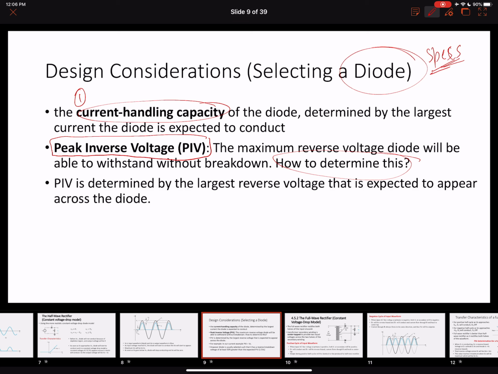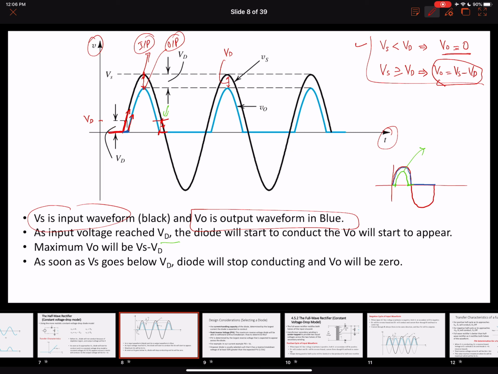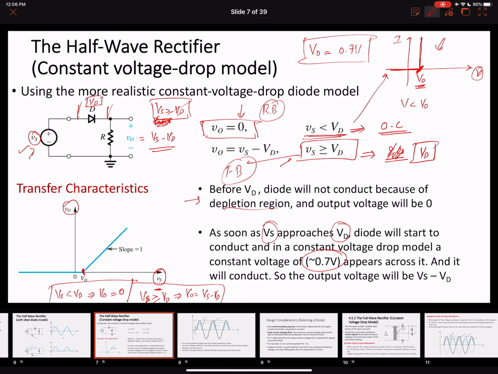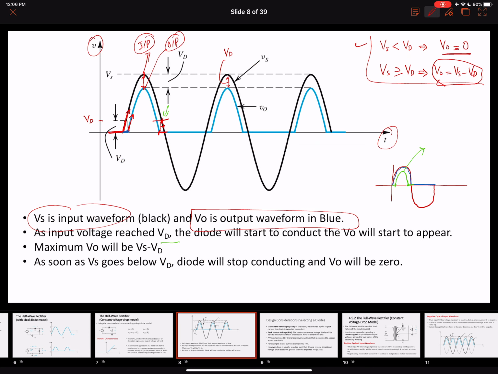For example, if I go over here, what is the maximum inverse voltage that we think will appear across the diode? We saw the maximum reverse voltage that can appear across the diode will happen when the diode is reverse biased, right? This is a constant voltage drop model, right? Okay. So we have a VS signal, and we are assuming the VS signal to be a sinusoid.